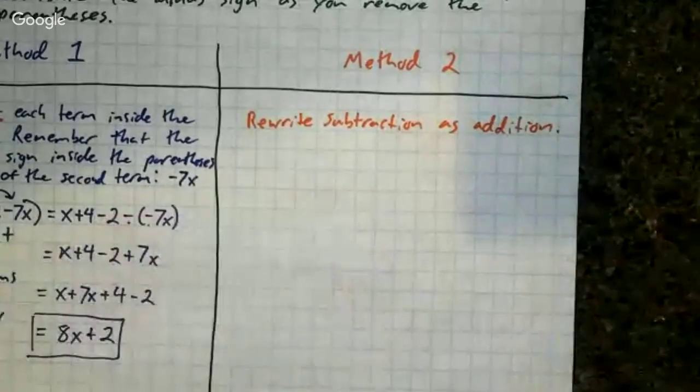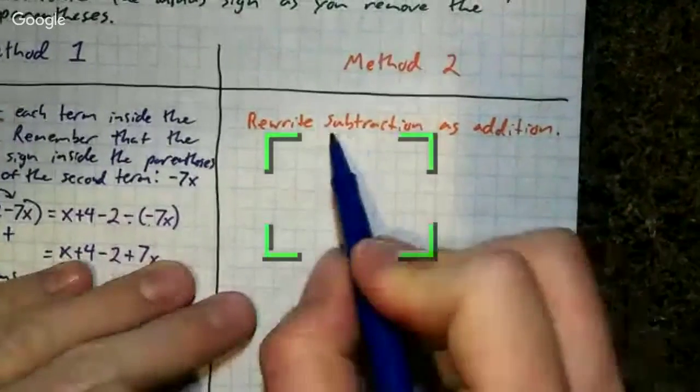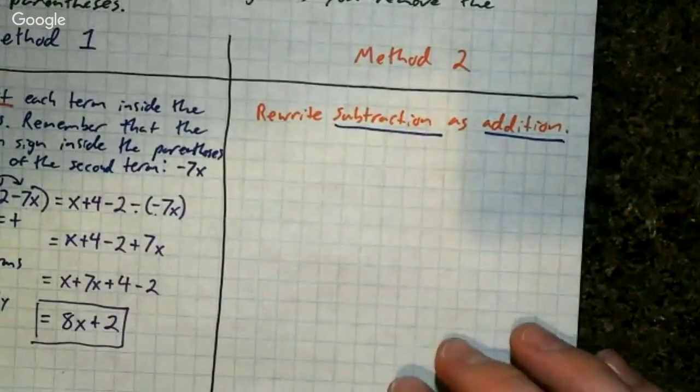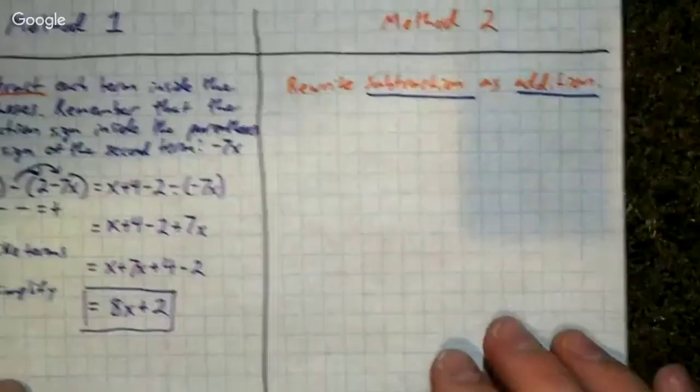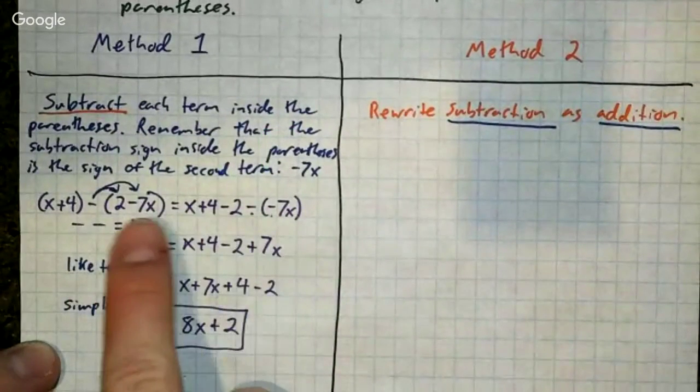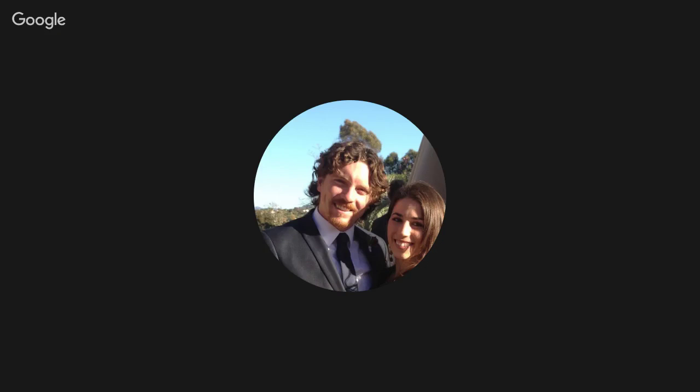So now we're going to rewrite subtraction as addition. So we're going to turn this into an addition problem, is what method 2 is. Now I prefer method 1, but let's go ahead and start. We'll use the exact same problem, okay?